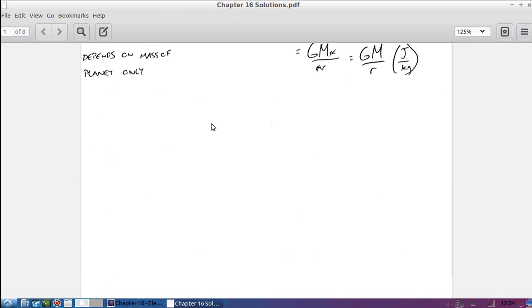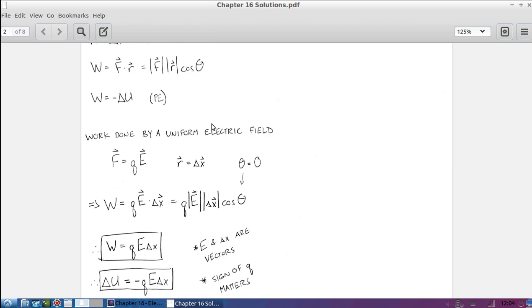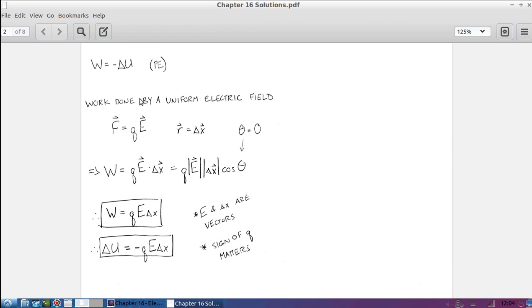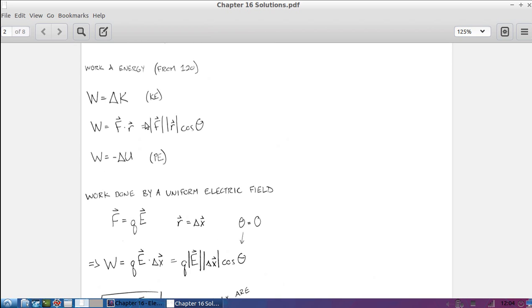So what I did was I took my expression for the electric force in terms of the E field, and I substituted that into my dot product formula. So F dot r is now qE dot delta x. It's the force experienced by the particle due to the electric field times its displacement.